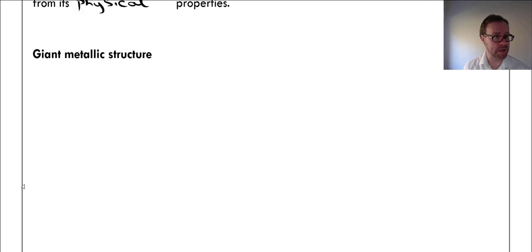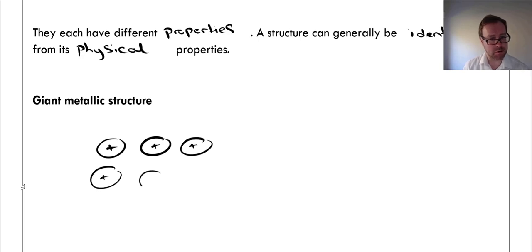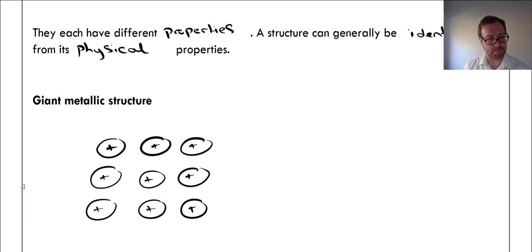Okay, so a giant metallic structure. You may be asked to draw a labeled diagram of this. So you can have a go at drawing it. Doesn't have to be a work of art. Try and do it 3 by 3. Right, so here's my diagram. I'm going to put some things in the middle.